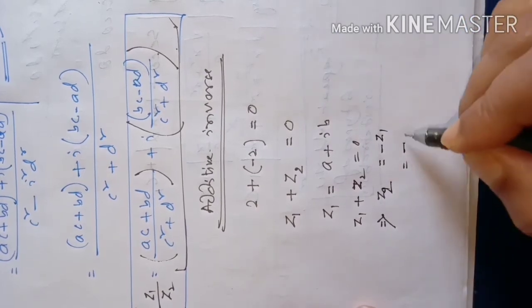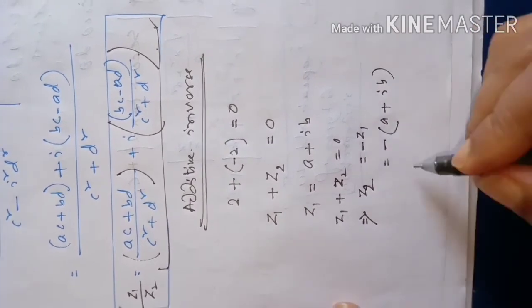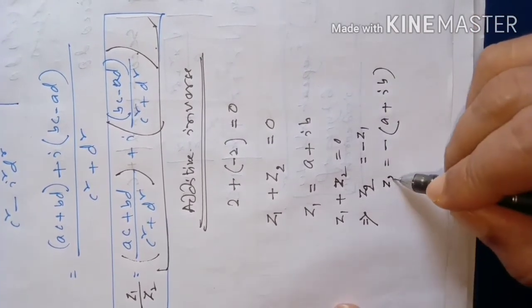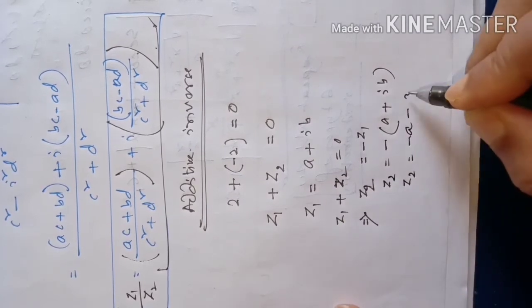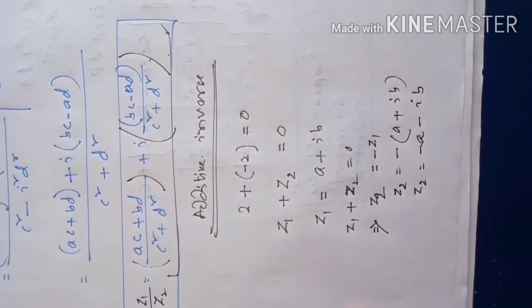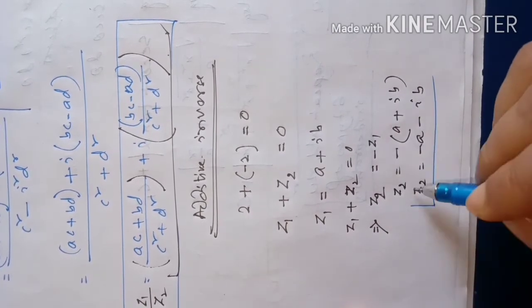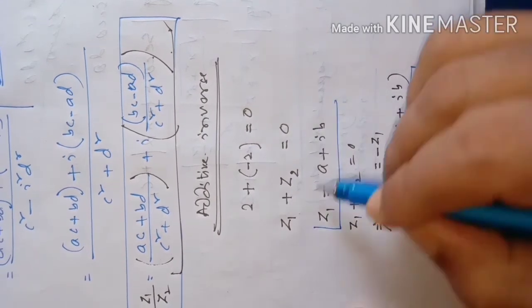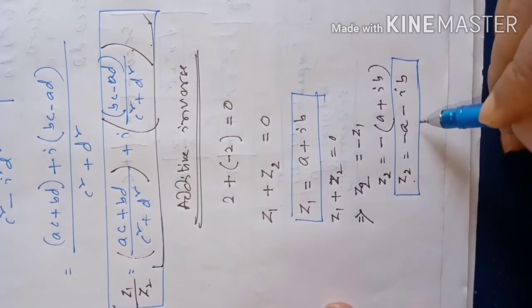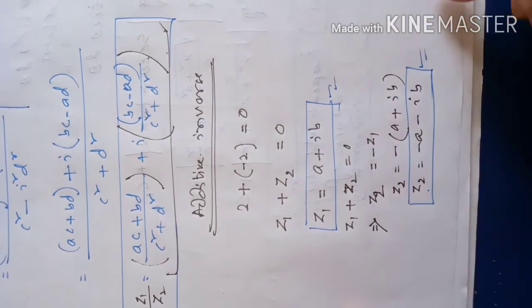That means Z2 will be equal to minus A minus iota B. Okay, dear students, so when you say Z1 and Z2 are additive inverses of each other, if Z1 is A plus iota B, then Z2 is minus A minus iota B. That is the meaning of the additive inverse of a complex number.